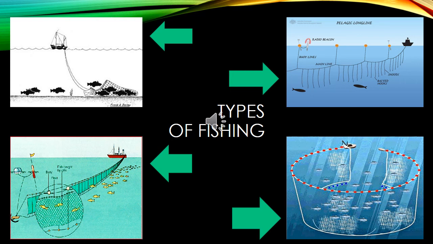The last one, and possibly the best one in terms of reducing bycatch, is the purse seine method. The purse seine method is when you have a spotter in an aircraft that looks for schools of fish in relatively shallow waters. Then you have a large fishing boat that is waiting on the water for information from these aircraft.